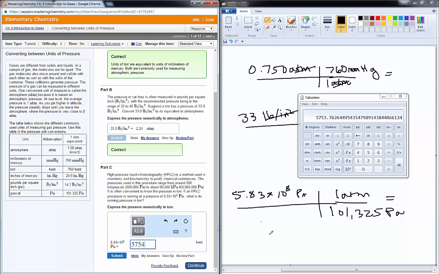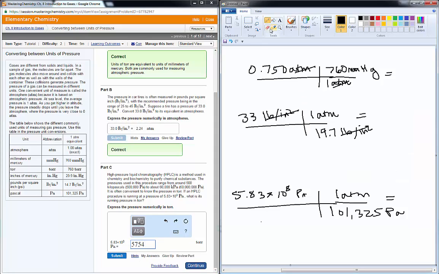they wanted. So now, because we don't have a conversion factor straight from pascals to torr, but we do have from atmospheres to torr and from pascals to atmospheres, we can go through there, plug in 760 torr in 1 atmosphere. My atmospheres cancel, my pascals cancel.